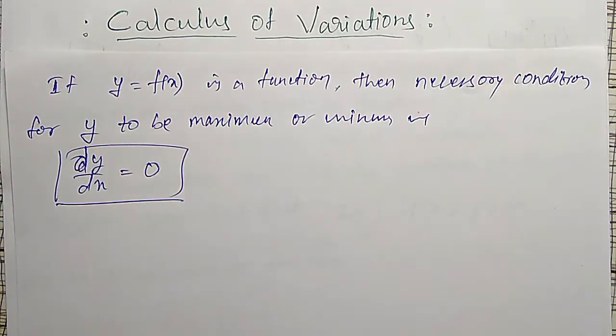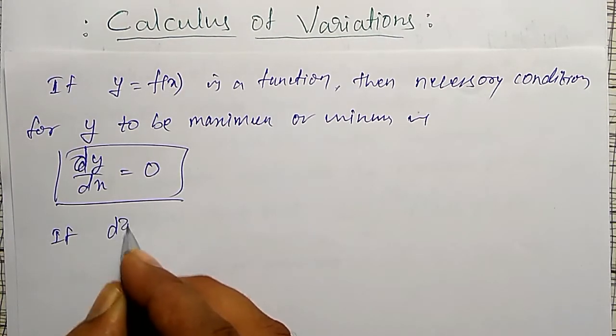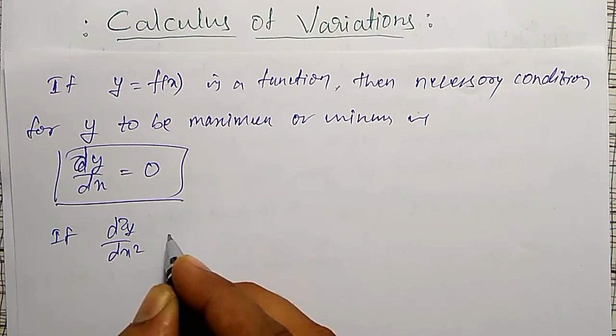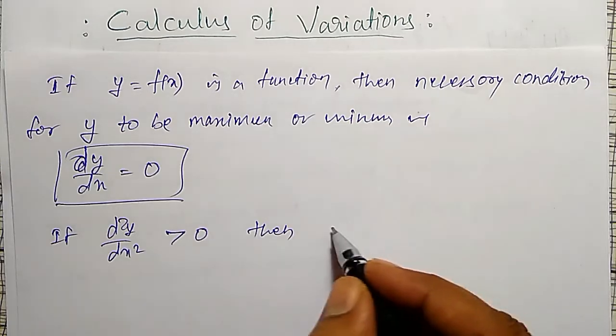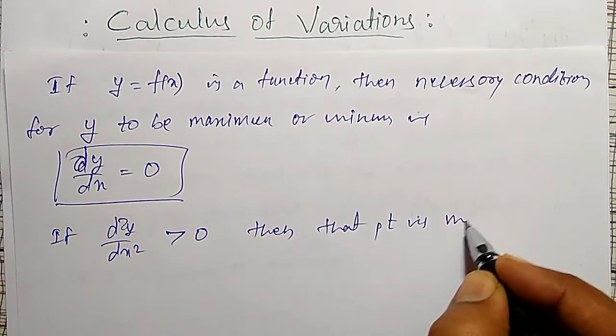And whether this is a sufficient condition to say that it is a maximum point or minimum point: if d square y by dx square is greater than 0, then that point is a minimum point.